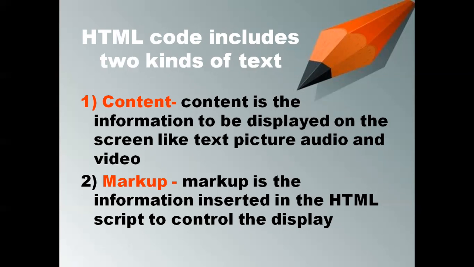Whenever you create a website, you have to display some text, which you do with the help of content, and you have to decorate it. Suppose you want to display your name on the website in red color. With content, you can display your name. With markup, you can color it and resize it. So HTML code includes two kinds of text: content text as well as markup text.